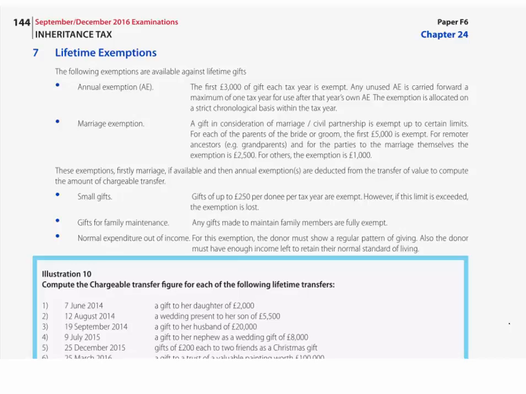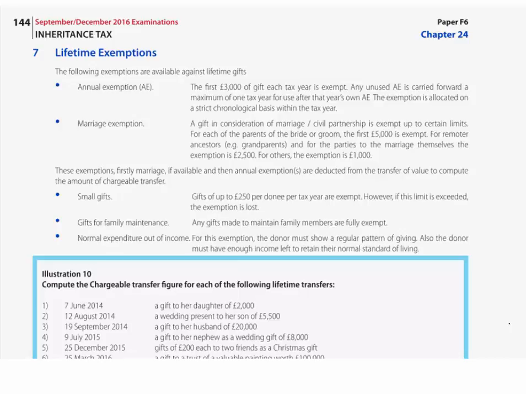We know that the cumulative impact of that CLT will remain relevant for the taxpayer for 7 years. So if you wait for more than 7 years before making the next transfer into a trust, you can start all over again with the then available nil rate band. But we've got to remember, IHT is this cumulative donor-based tax.